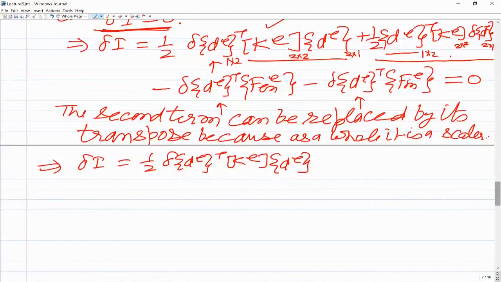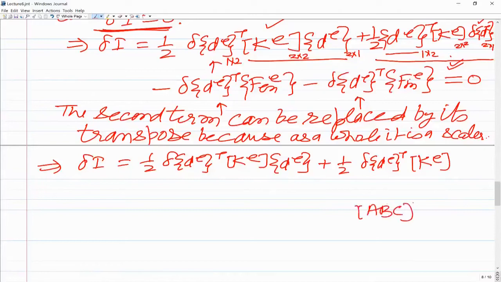So if I replace this term by its transpose, we will have plus half, which is anyway there, and then delta of DE transpose, and then this Ke transpose. As I said, if you have a product of three matrices ABC whole transpose, I am making use of this: it becomes C transpose into B transpose into A transpose.